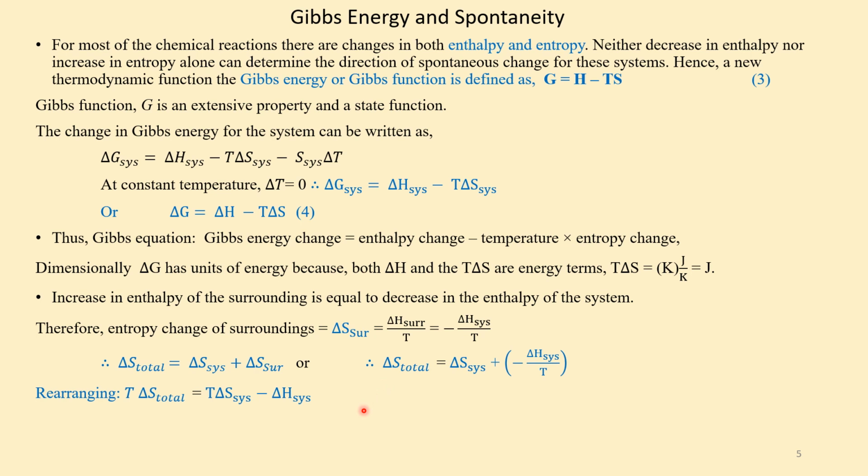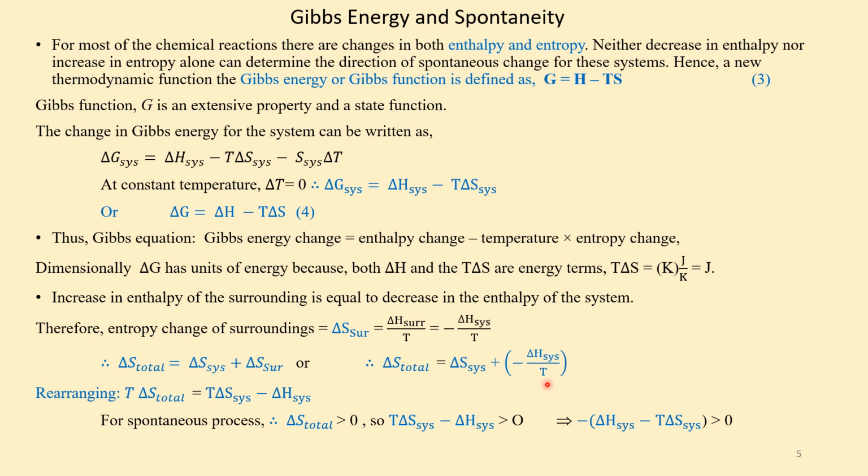Therefore, delta S total is equal to delta S system plus delta S surroundings, or delta S system plus minus delta H system divided by T. Multiplying both sides by T, we get T into delta S total equals T into delta S system minus delta H system.